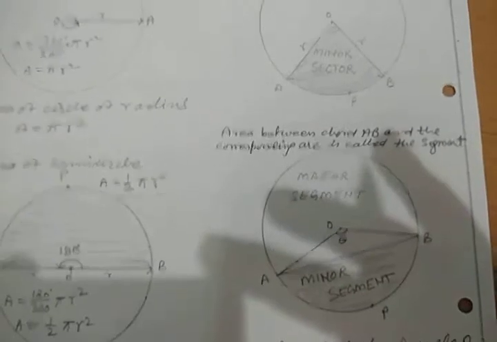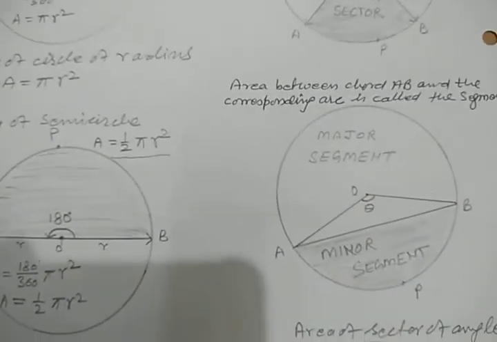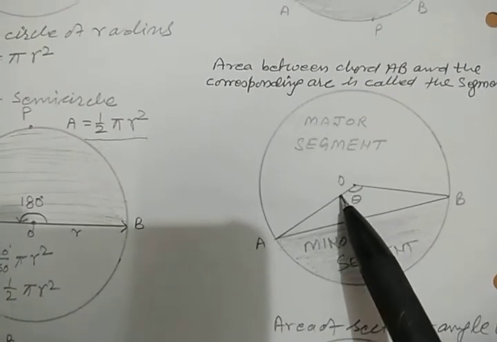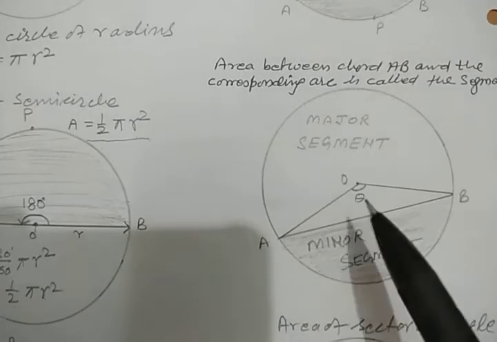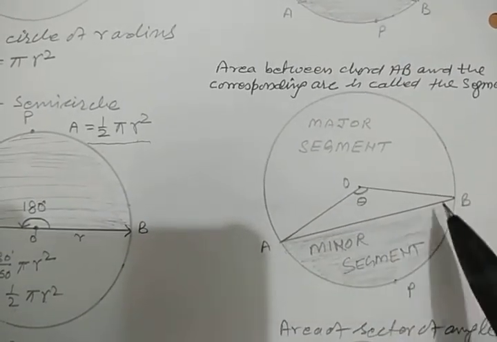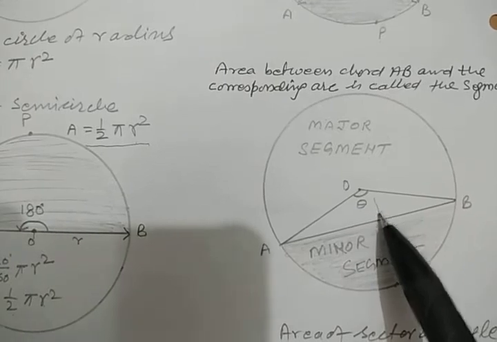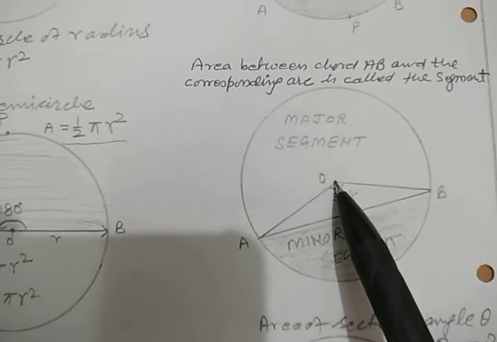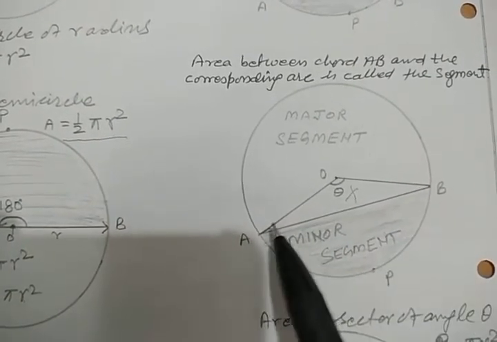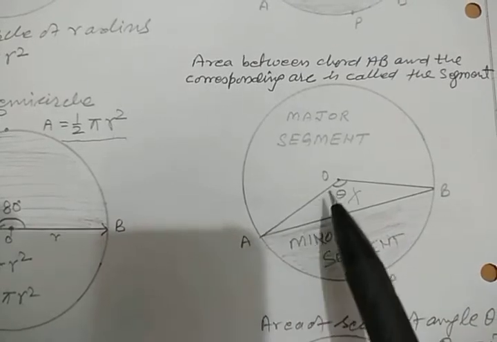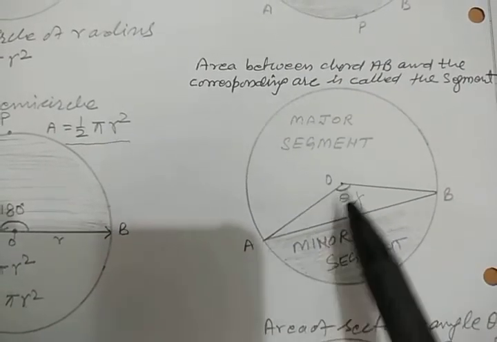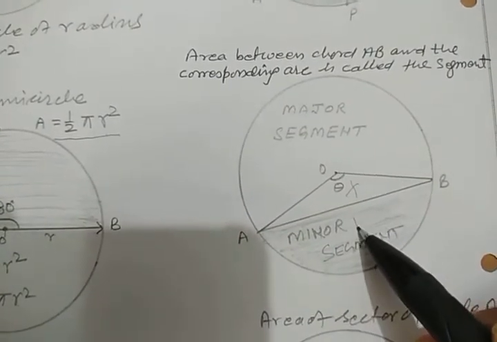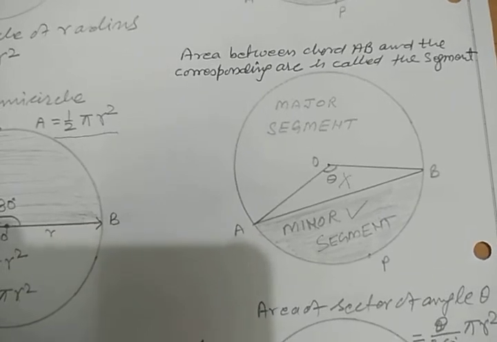Similarly, how can we find the area of a minor segment? We first find the area of the sector OAPB, and from that we subtract the area of the triangle OAB. We are subtracting the area of this triangle from the area of this sector, so we can find the area of this minor segment.